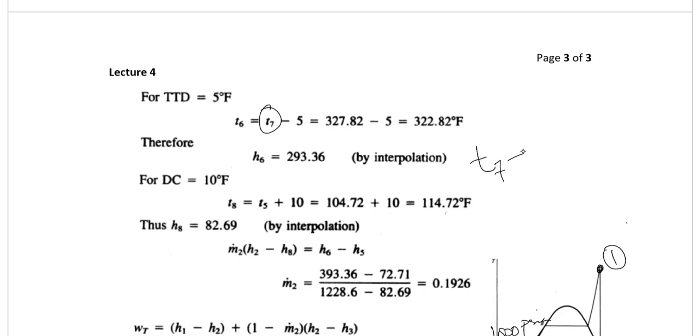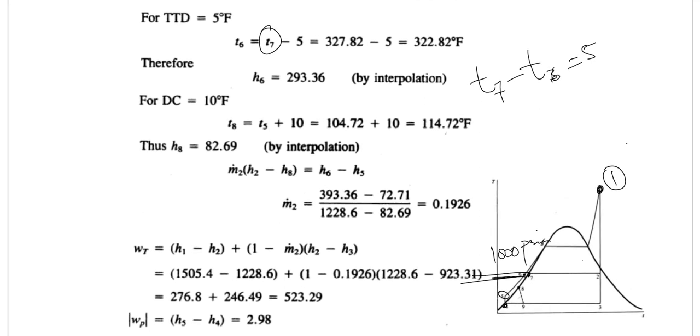If you go to 100 psi, which is actually the drain cooler pressure, find the saturated temperature. That saturated temperature would be the temperature at 7.